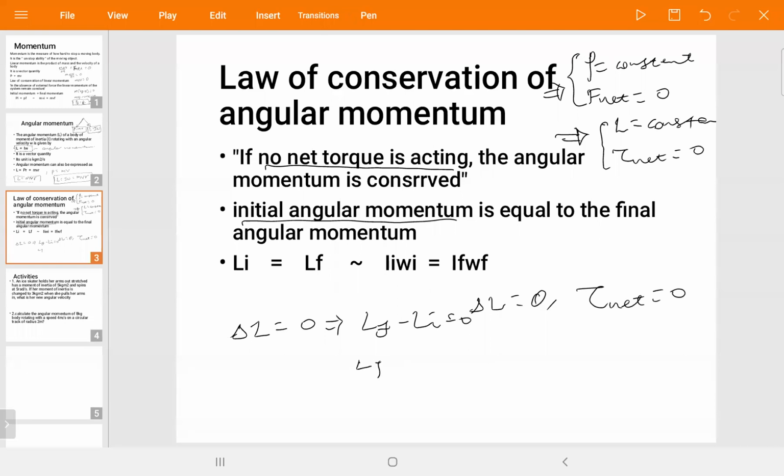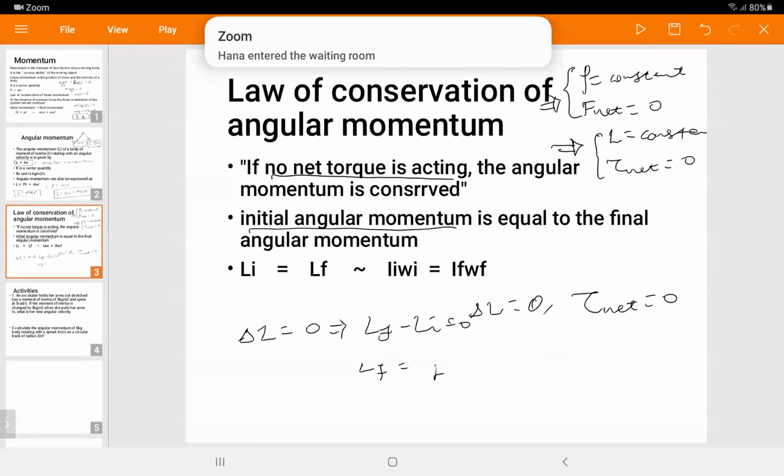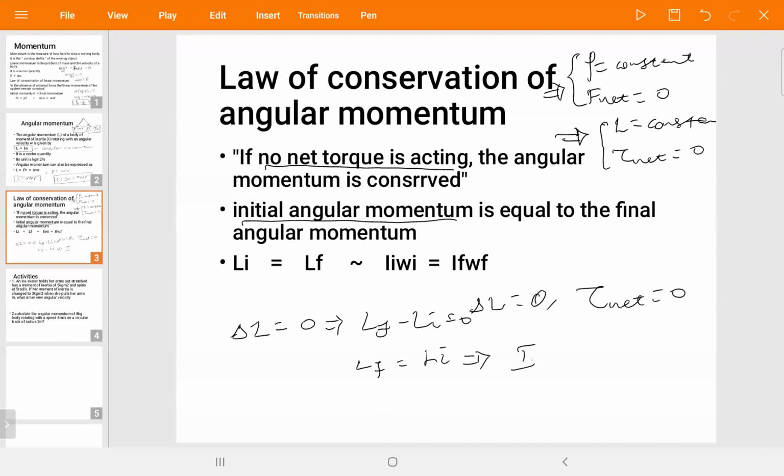Then L final equals L initial. But what's L final? It's I final times omega final equals I initial times omega initial. Okay, this is a very important expression for this point.